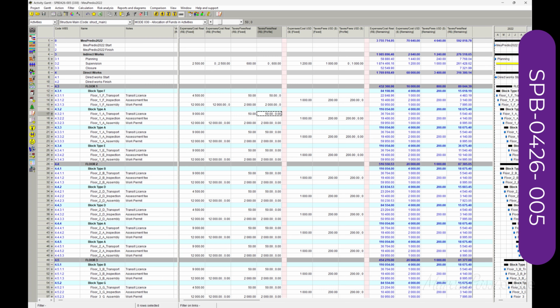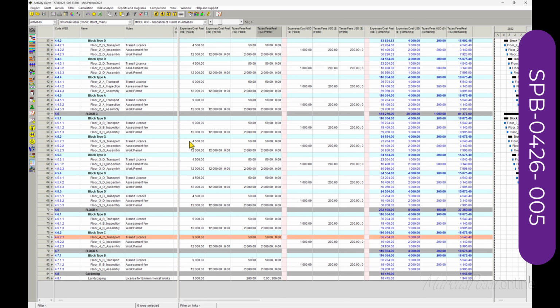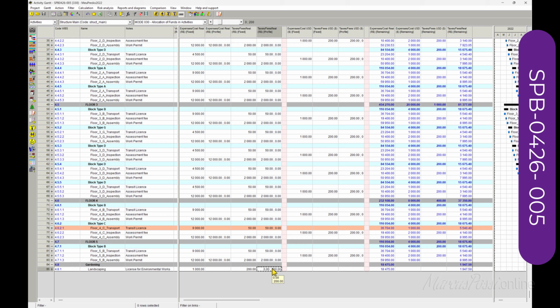And work permits. I think work permits is at the end. I will look at it, okay, license for environment work. Yes, you are right. Fixed as tax, but you have to pay it at the end of the period.